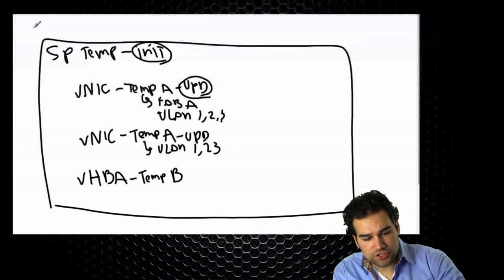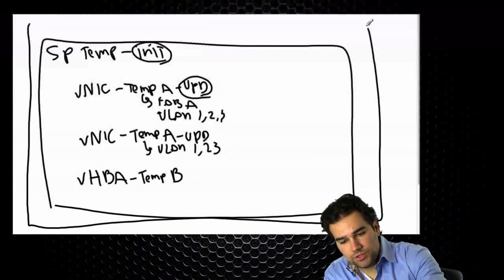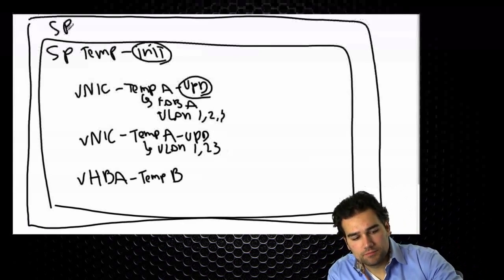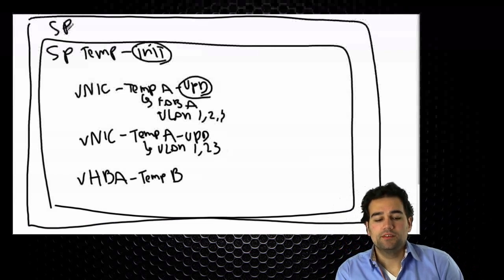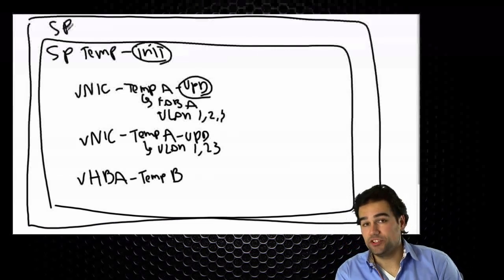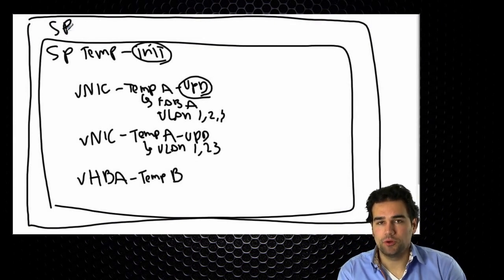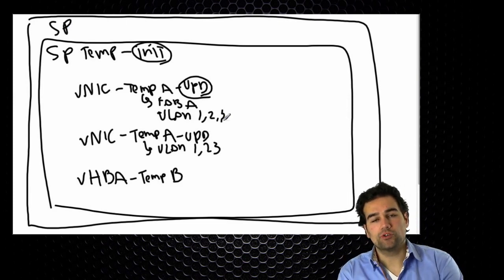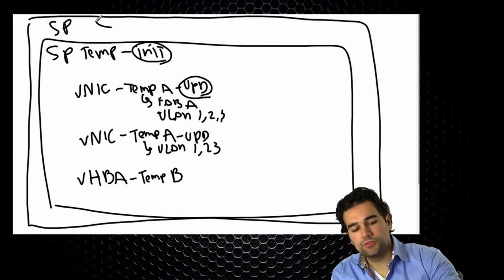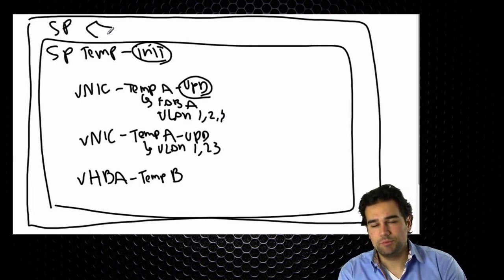So if I now start generating a service profile from this setting, the service profile template is initial, but all the vNICs that I created in this service profile will be connected to the updating template A. So every time I add a VLAN 4 to the template, also the service profile will get that change processed to it.